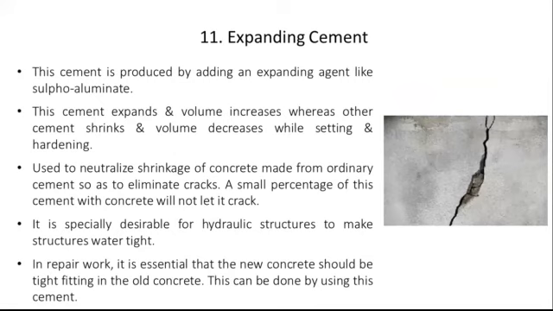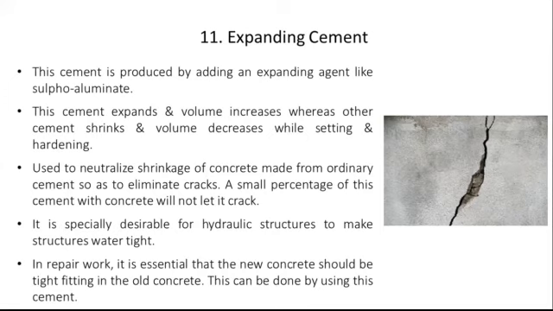Expanding cement. This cement is produced by adding an expanding agent like sulfoaluminate. This is the main component of expanding cement, sulfoaluminate. This cement expands and its volume increases, whereas other cements shrink and decrease in volume during setting and hardening. It is used to neutralize shrinkage of concrete made from ordinary cement so as to eliminate cracks.